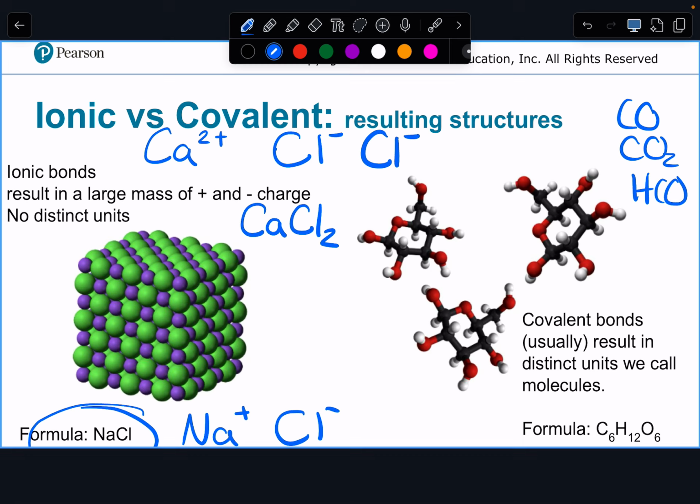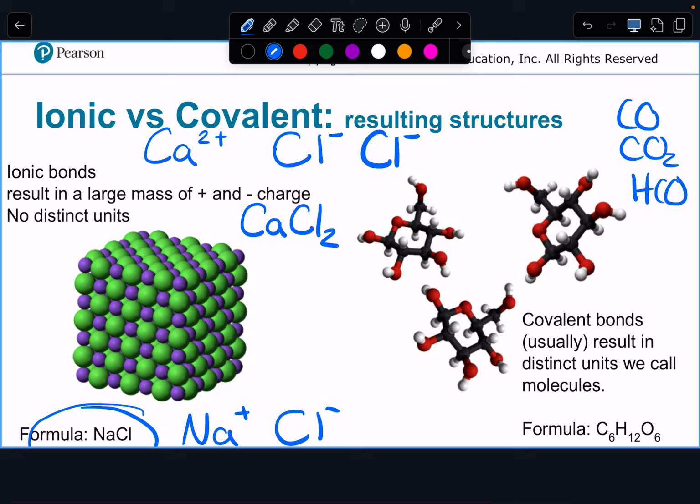Or if you get as big as a salt lick for horses, my sister has horses, so it's the only reason I know this, but it's a block of a salt crystal. It's huge. It looks like ice, but it's salt. So it still has that same sodium to chlorine ratio. You can't really break it down anymore chemically. You just physically would break it down into smaller chunks of crystals.